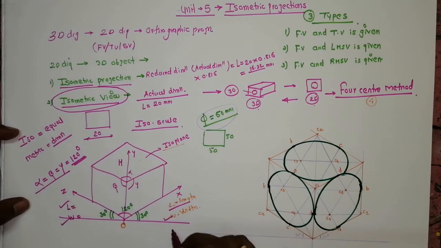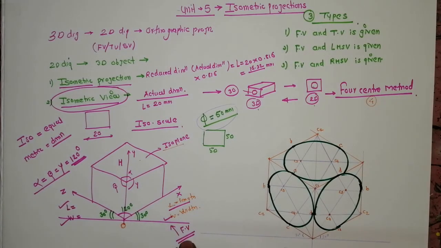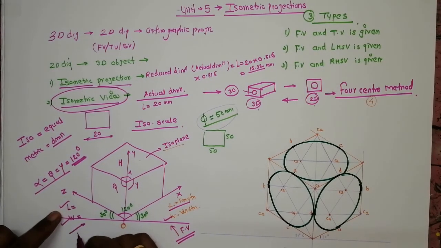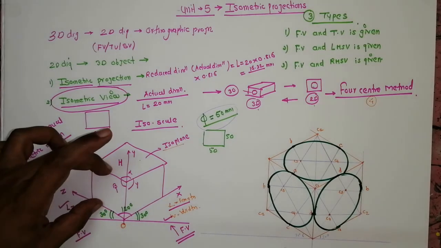Wherever length is, there we get the front view always. If you take the length along this axis, here comes the front view. If you take length here, then here comes the front view. The observer sees the front view from this direction.